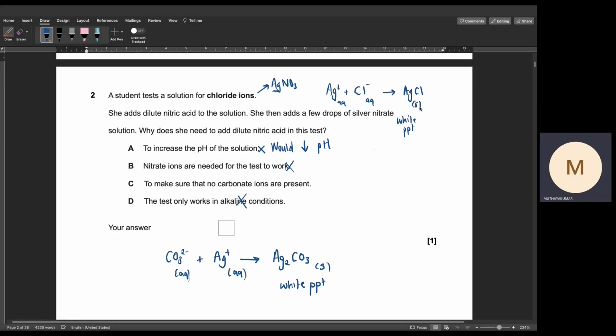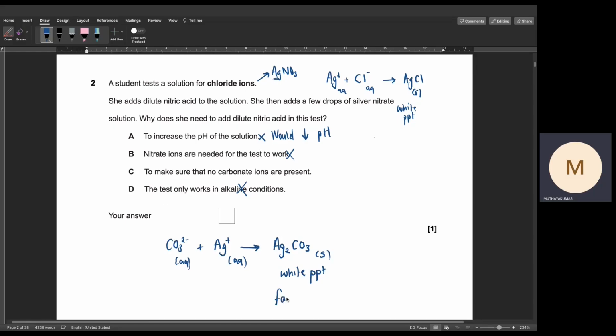Silver chloride, which is the solid that we're looking for, or the observation that we're expecting, is also a white precipitate. So if there were any carbonate ions in the solution, they would react with the silver ions and form a white precipitate, and this we would consider a false positive result, because we are seeing a white precipitate, but it's not due to the chloride ion.